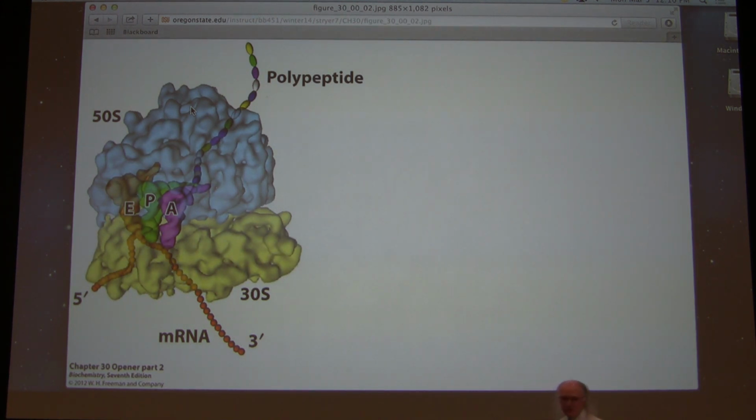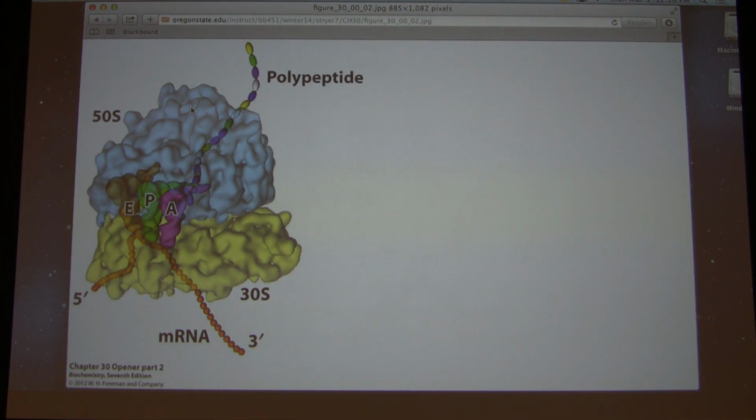I'll describe the ribosomal RNAs that are in the ribosomes in a little bit, but I want to show you some features of the ribosome and the sort of picture of what's happening here as a guideline for us as we move forwards. We see on this picture in yellow and orange, whatever color you want to call that right there, that's the messenger RNA. And each of those circles is one individual base of the messenger RNA.